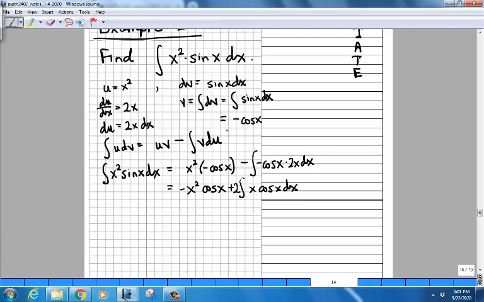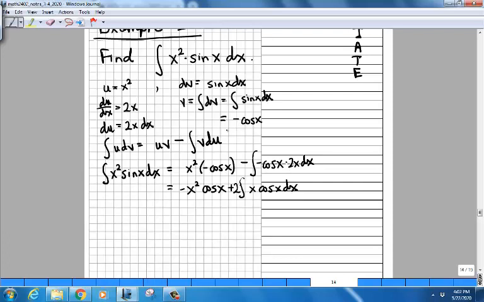So we might think that we have reached an impasse here and that we had made the wrong choice for u and dv, but we didn't. We made the right choice for u and dv. What we're going to have to do here is use integration by parts a second time in the same problem. We used integration by parts once to start finding this antiderivative, and now to finish finding it, we're going to have to use integration by parts a second time.